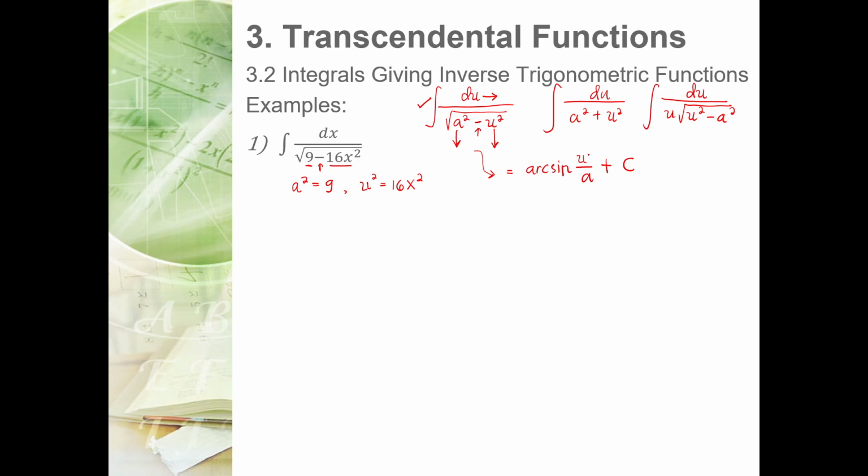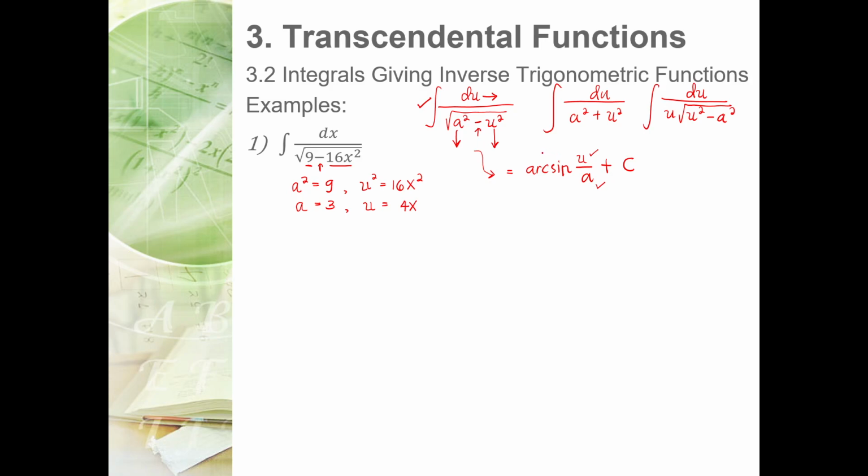Take note that in the answer we have a u and an a. We'll be determining a and u by getting the square root of a squared and u squared. Getting the square root, a is equal to 3, and u is equal to 4x.